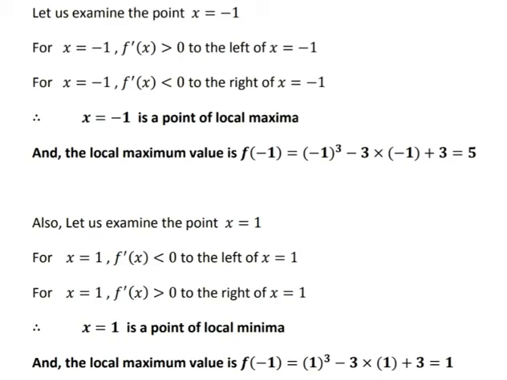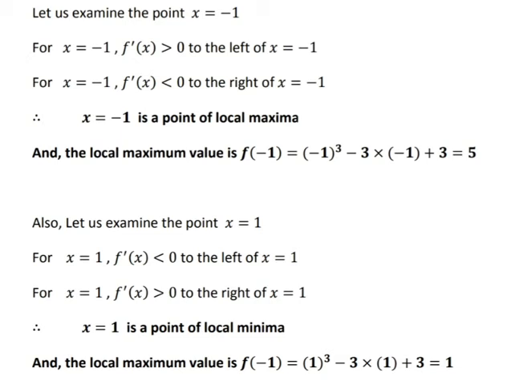So let us first of all take the number x equal to minus 1. After that, we assume that we are taking a number on the left side of x equal to minus 1, just a little lesser than minus 1.